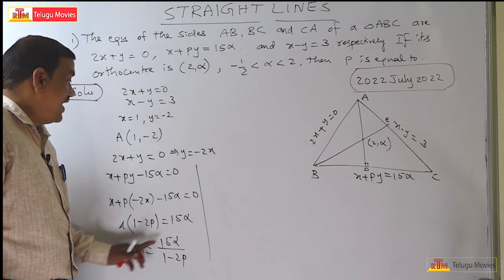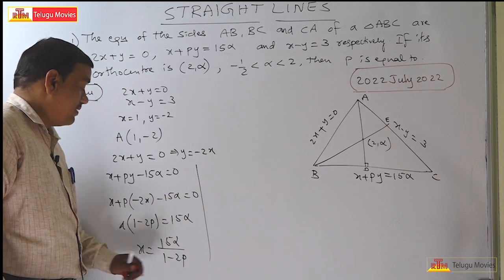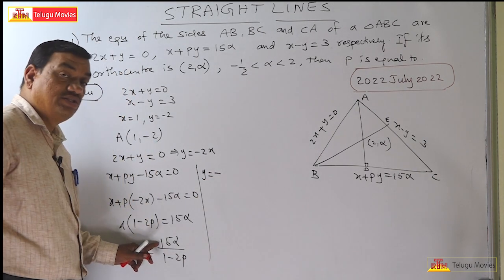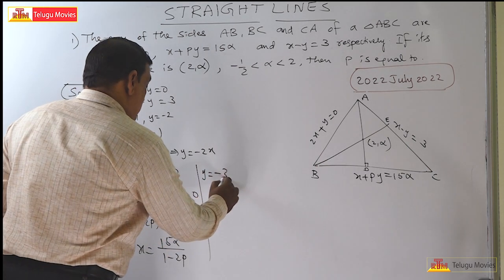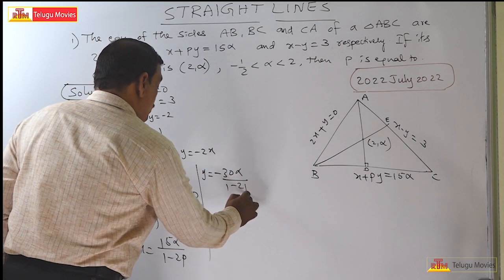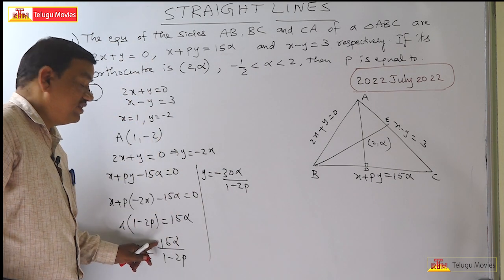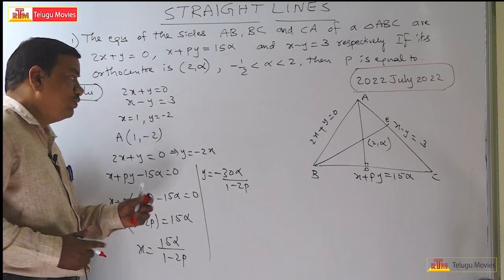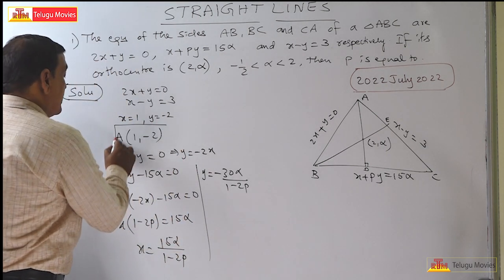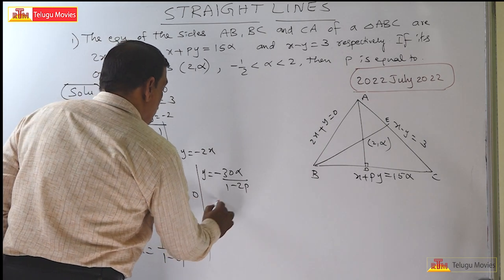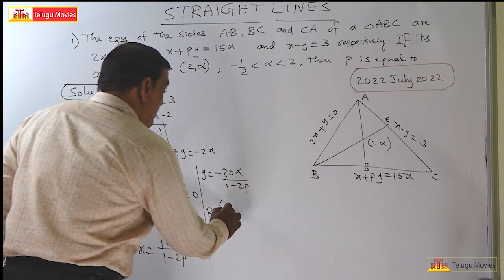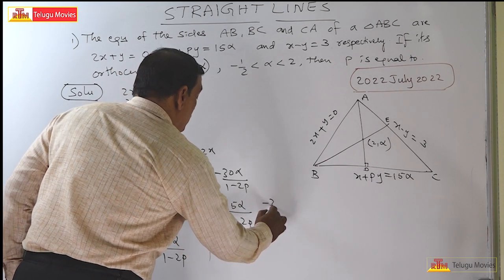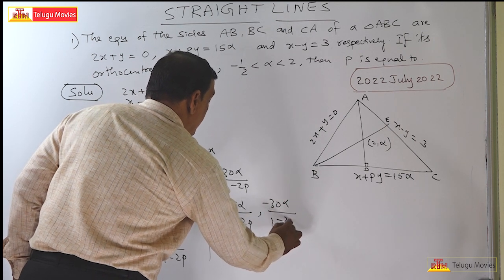So x is equal to 15 alpha by 1 minus 2p. What is the y value? Multiplying with minus 2, we get minus 30 alpha by 1 minus 2p.